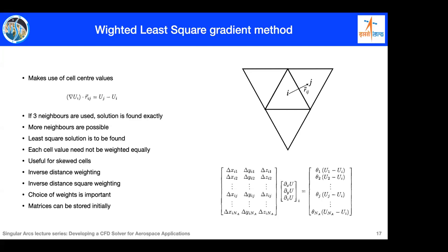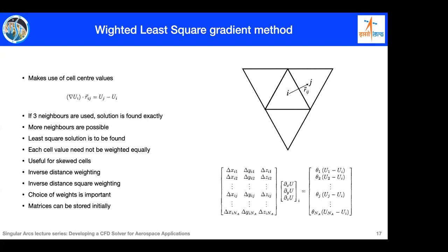So if we have 6 neighbors, then this equation becomes a matrix equation in which the unknowns are dou u by dou x, dou u by dou y, dou u by dou z, and the system will be overdetermined, in which we need to solve for these 3 unknowns, but we have 5 or 6 equations. So that's why it is solved in the least square sense. And if we solve this equation, then we will get approximations to these gradients, which can be used.